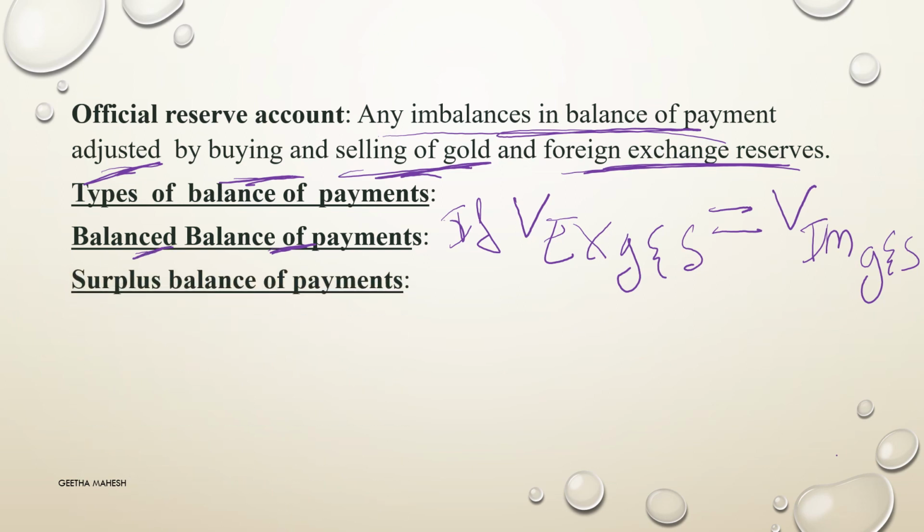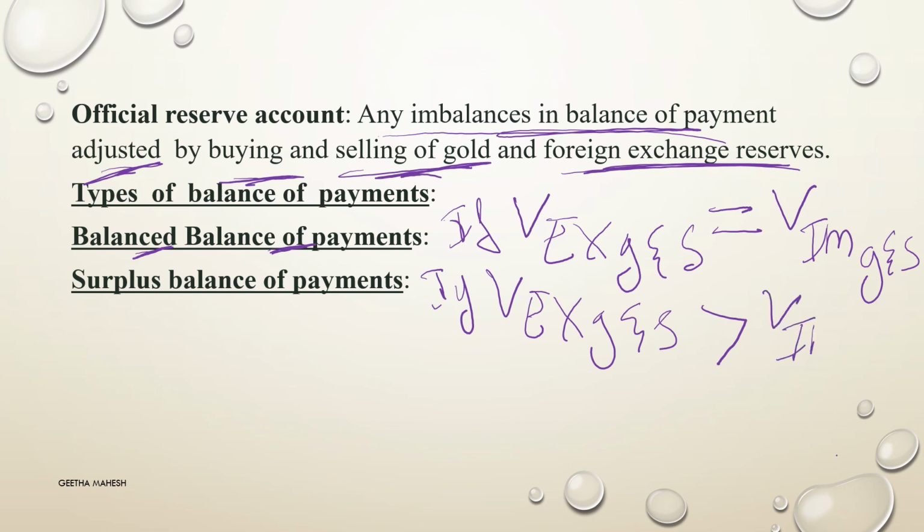When balance of payment is said to be surplus, surplus balance of payment, if the value of export of goods and services is greater than the value of import of goods and services, then the balance of payment is said to be surplus.